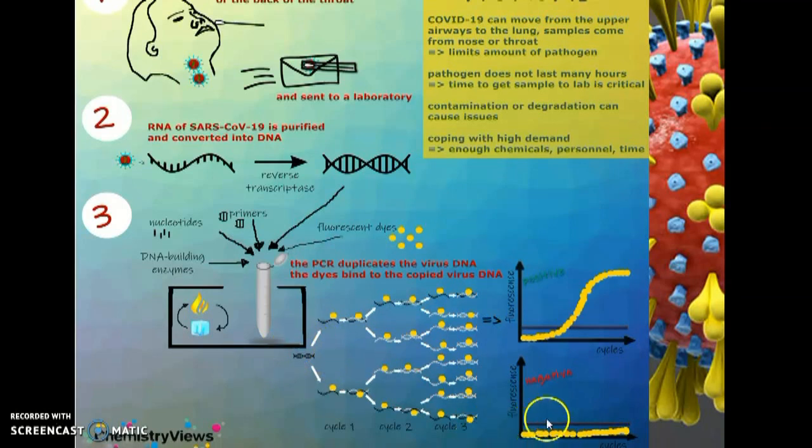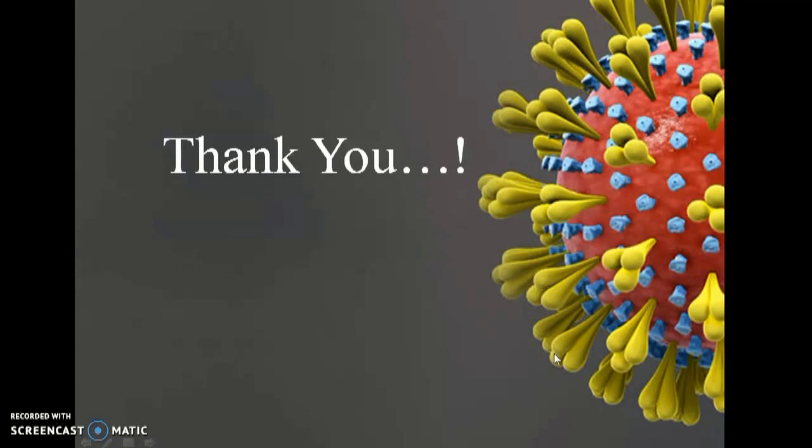The fluorescence will not increase beyond a certain point, so there will not be a progressive increase in fluorescence. So samples are treated as negative. So this is about real-time reverse transcriptase polymerase chain reaction used for diagnosis of the COVID-19 virus.